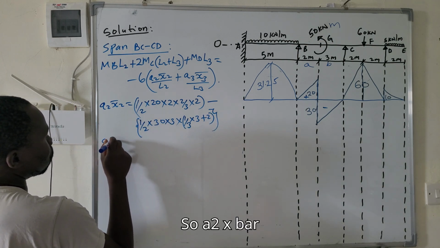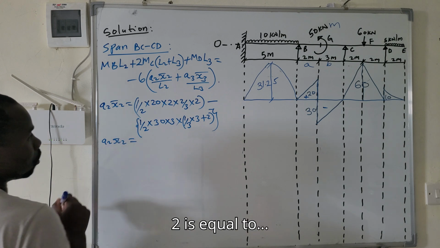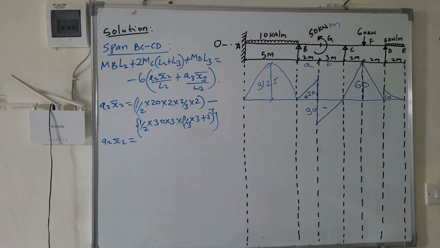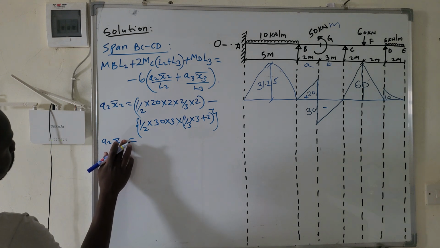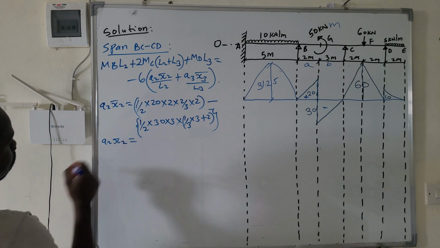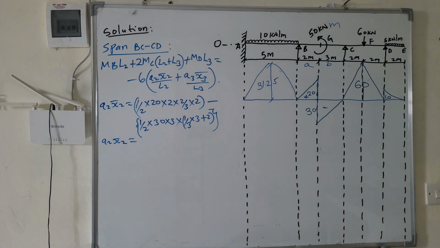So A2 x bar 2 is equal to, no, this is A3. No, it's correct like that one.